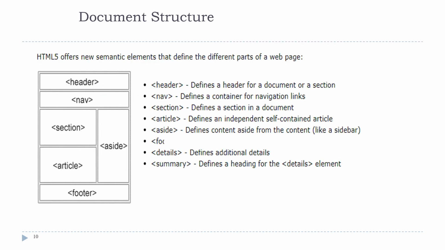Some of the newer HTML5 semantic elements that we have are header sections, nav sections, the section, article, aside, footer. These have some kind of meaning to structure our document as opposed to just using a generic div or paragraph for everything.